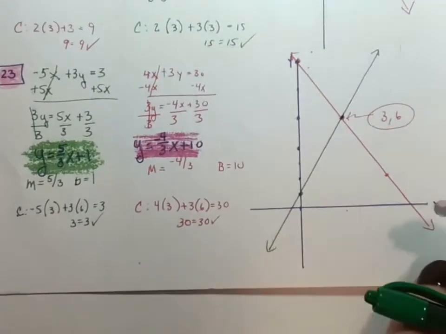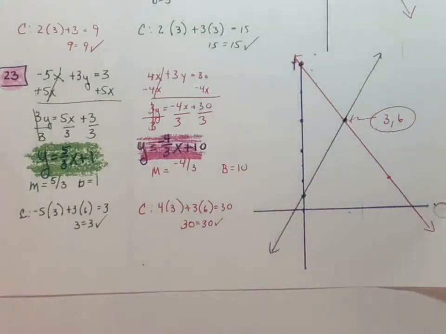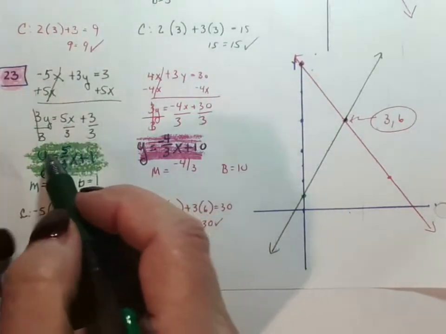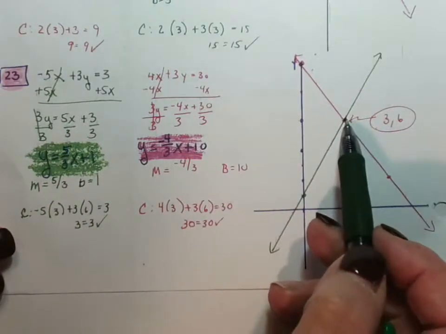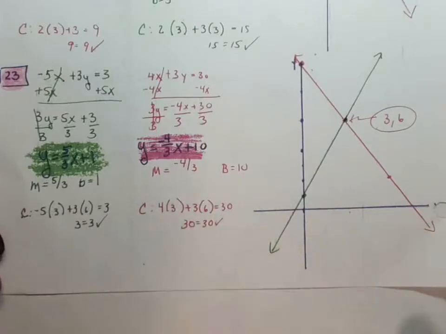Then you had to do number 23, which was an odd problem. Here's how you do it. So put it into y equals mx plus b, graph them, find the point of intersection, and then check them.